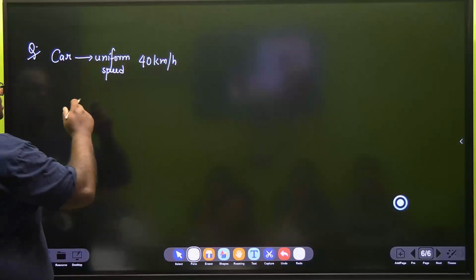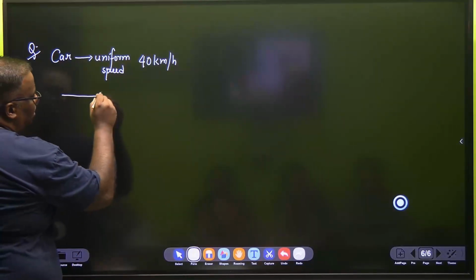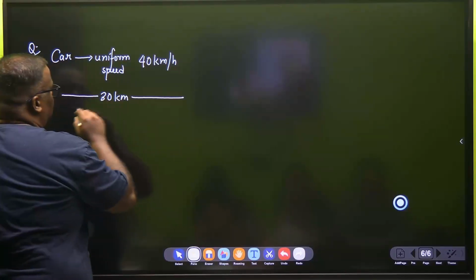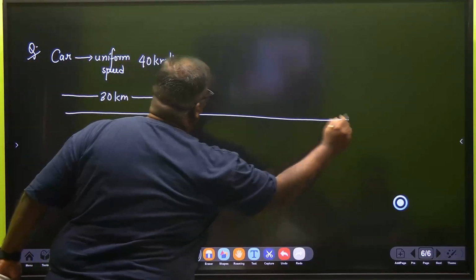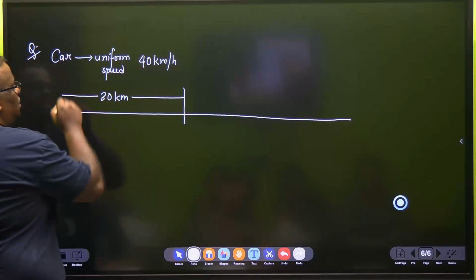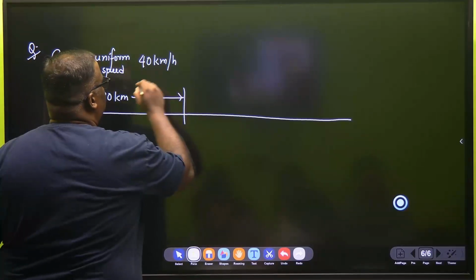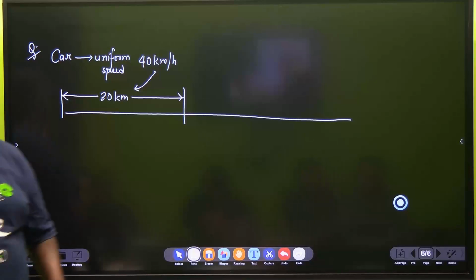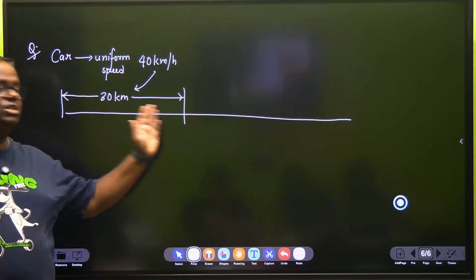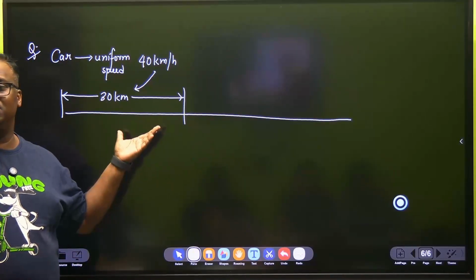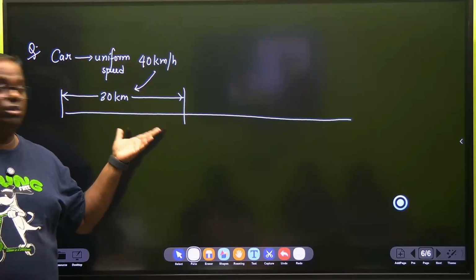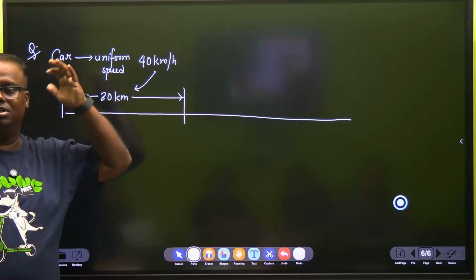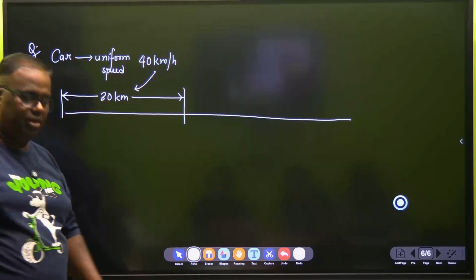And the car has traveled 30 kilometers. No. There is a journey he is making. This car is making a journey. In this journey, the first 30 kilometers, he is maintaining this particular speed. Have you understood? The car is on a journey. The first part of the journey is 30 kilometers. For the first 30 kilometers, the car is maintaining 40 kilometer per hour speed. Clear?